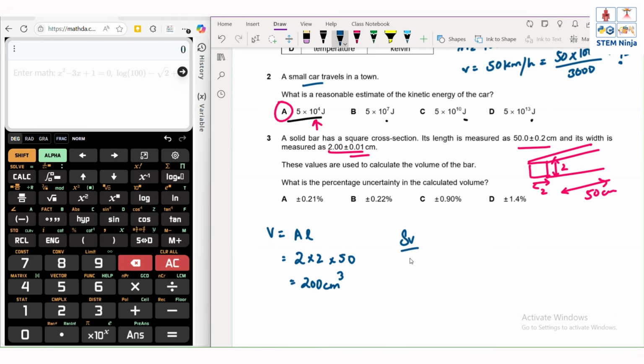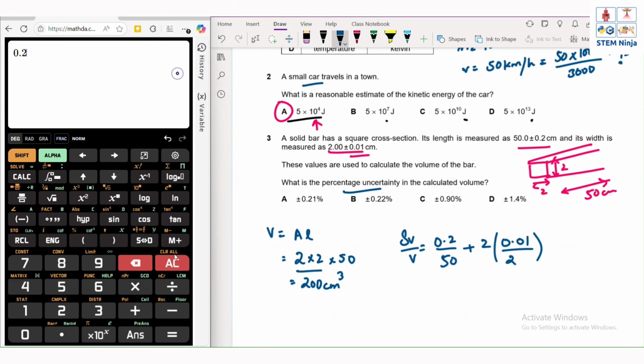For the uncertainty, we will first find the fractional uncertainty or the percentage uncertainty. Actually, we just need the percentage uncertainty. Oh, sorry, I didn't even realize. So 0.2 over 50. And since both of these are the same, 2 times 0.01 over 2.